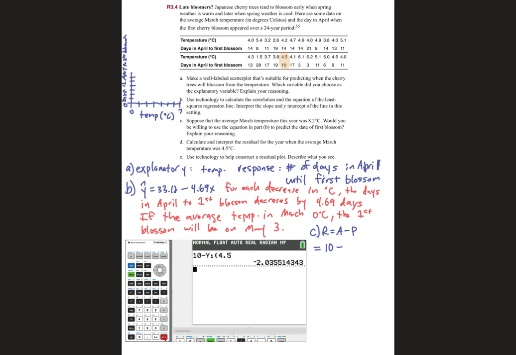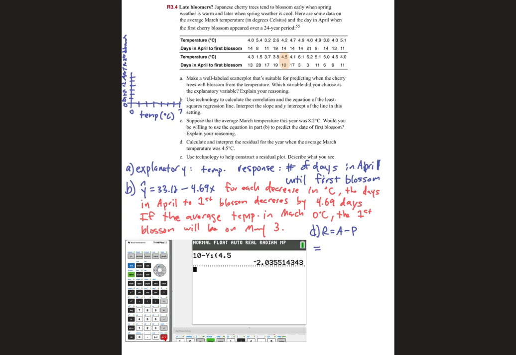I didn't even find the predicted. I kind of recorded this earlier. So the actual minus the predicted. I wish I would have found that, but actually let me see. So what is this part? Oh, this is really part D. What am I doing?